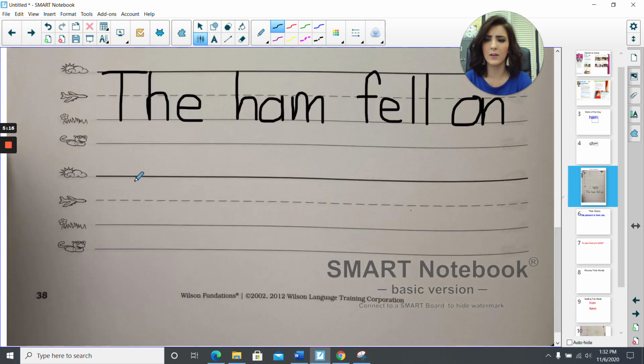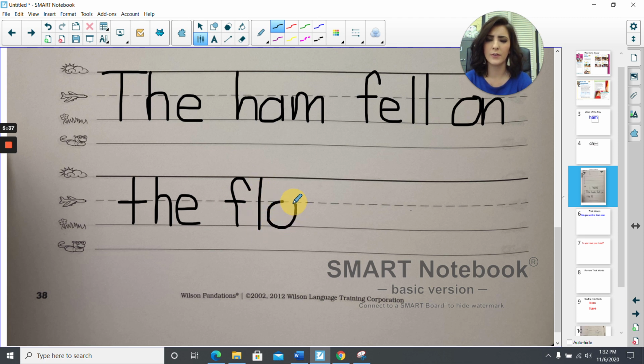The ham fell on the, and then floor, which is FL, is actually an L blend. We haven't learned our L blends yet, but F-L, and then we have O-O-R. The ham fell on the floor. Don't forget to put your period at the end.